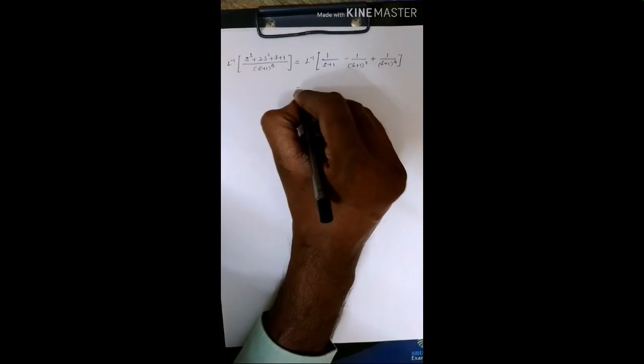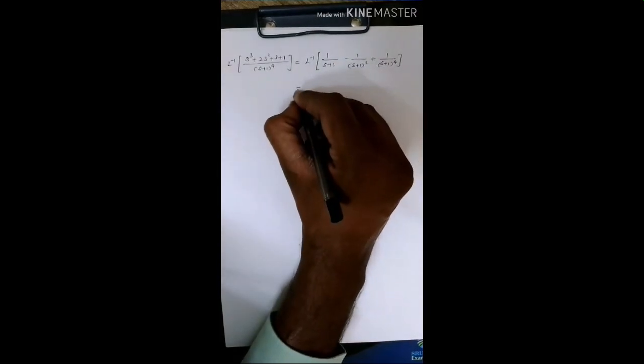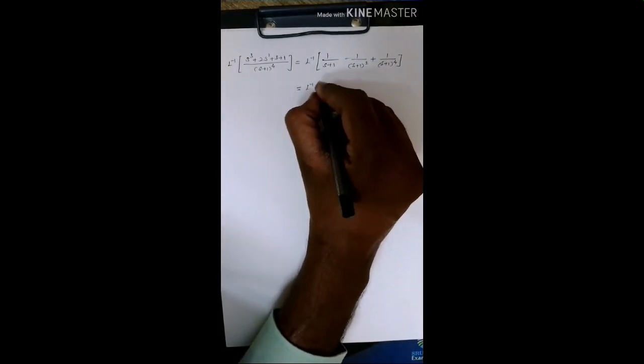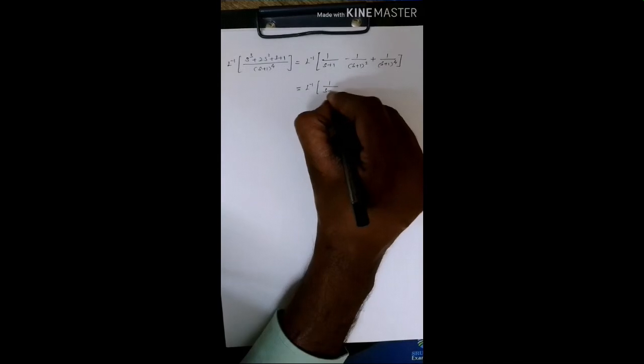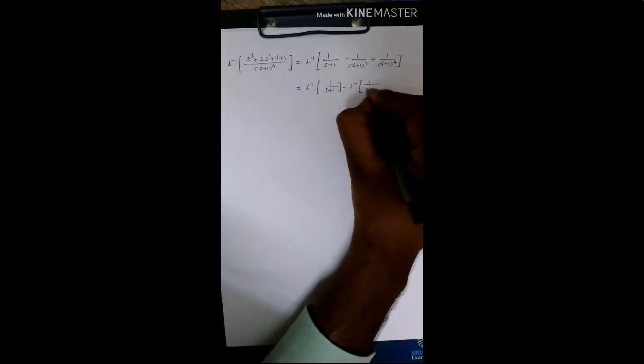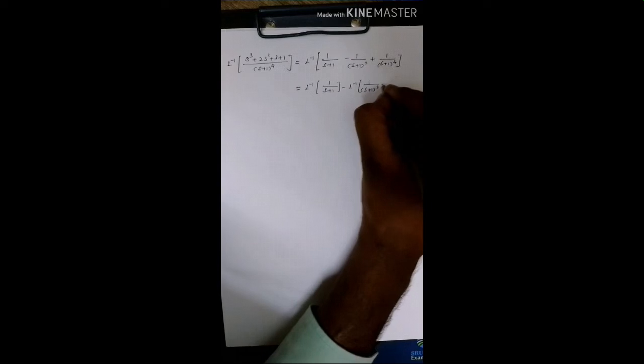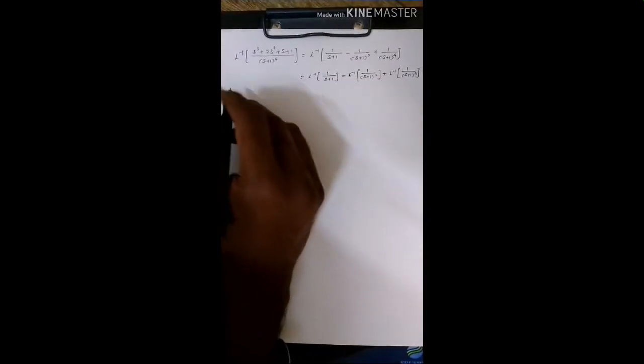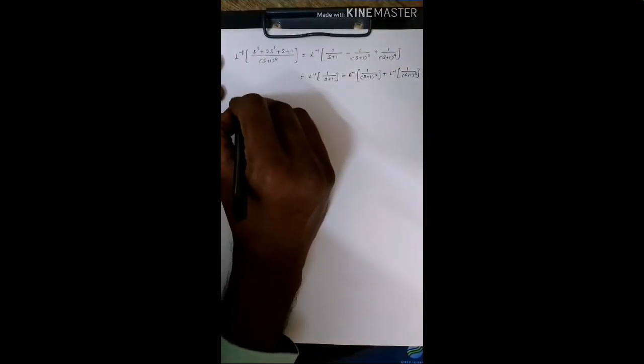Now apply the linearity property, which means we can split these terms. So Laplace inverse of 1 by s plus 1, minus Laplace inverse of 1 by s plus 1 whole square, plus Laplace inverse of 1 by s plus 1 whole power 4. For this we need some formulas.